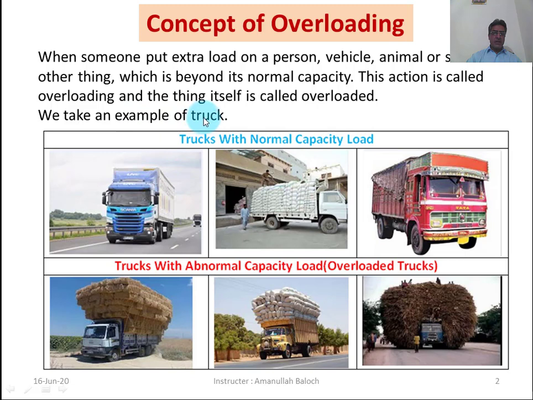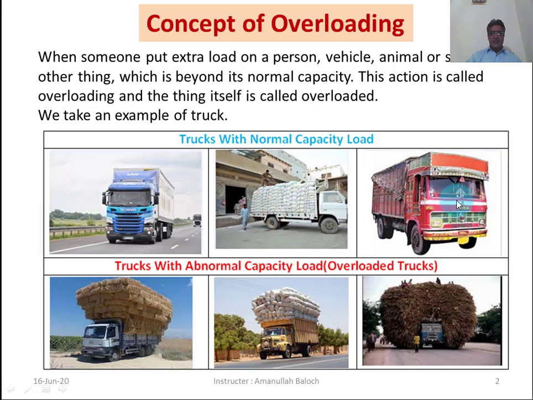We take an example of a truck. This truck is with its normal capacity load because everything is packed within its body. This truck is also within its normal capacity load because everything is on its body and nothing is outside its body.